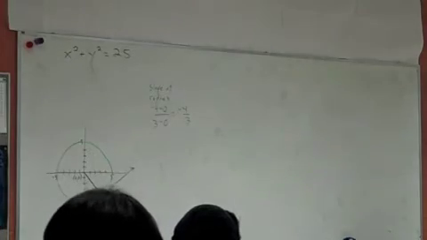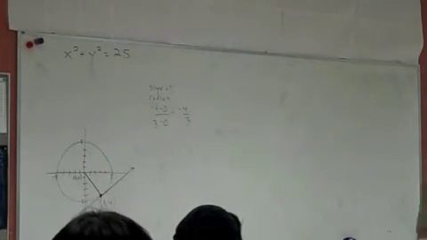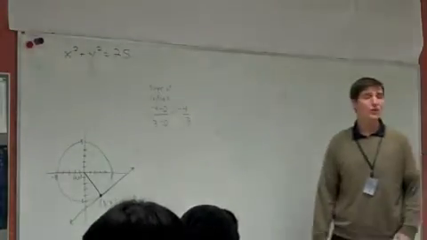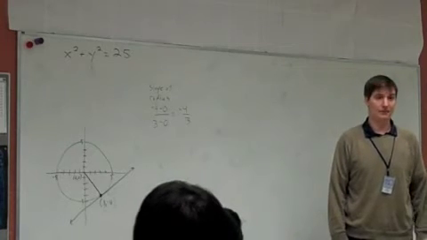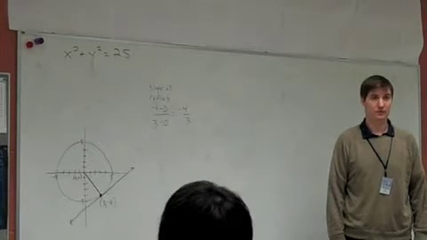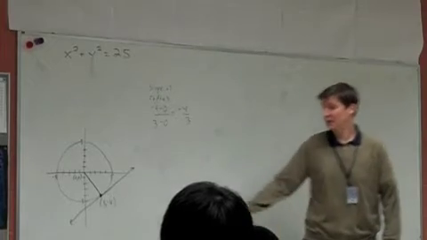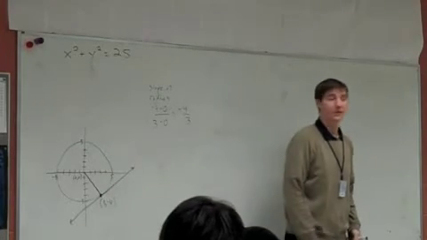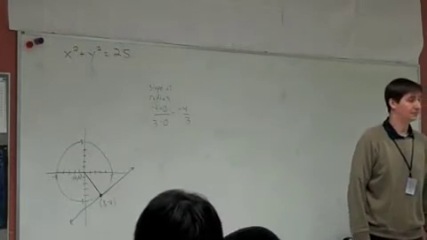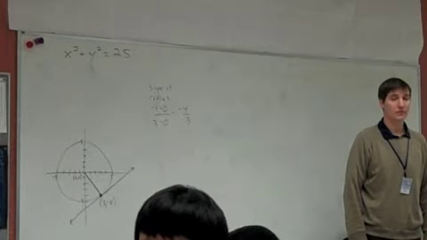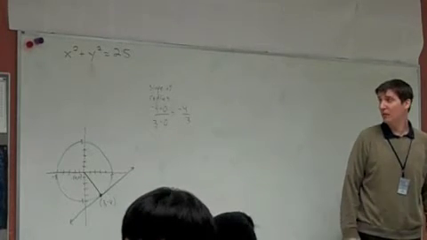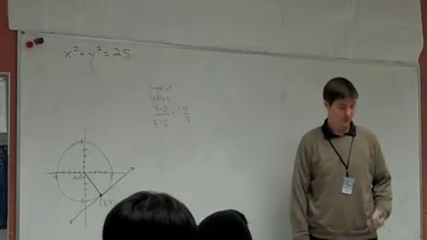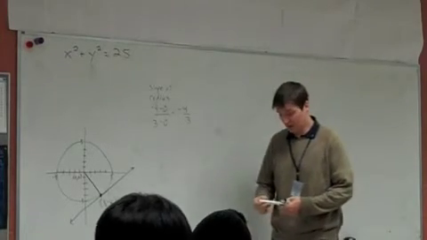Could I, with given information, figure out the equation of the normal line? Yes. At this point? Yes. How could I do that? Well, what do I have the slope of? What's this the slope of? Which is the what in this case?